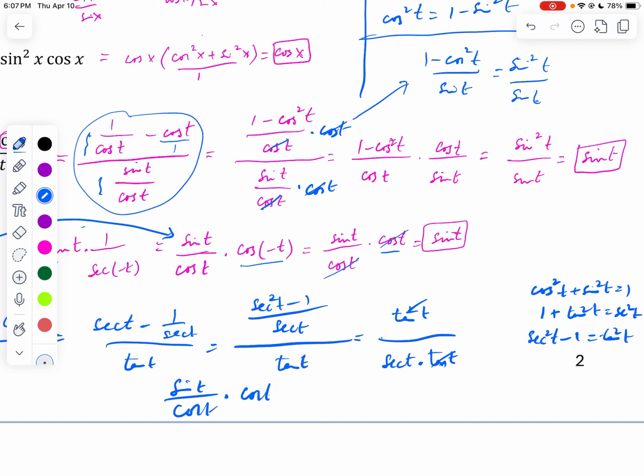So again, cosine cancels out. Both methods are almost the same difficulty, the same amount of work. So whichever is easier. I believe the first method is slightly easier because sine and cosine are used more often.